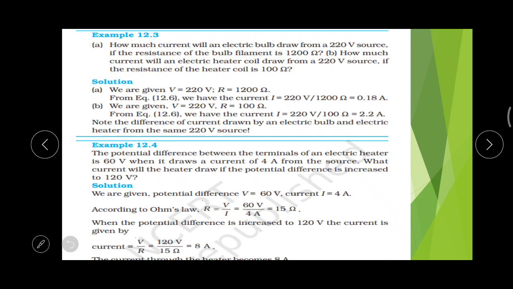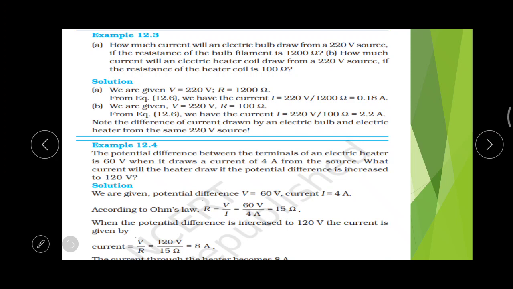If the resistance is varying and the potential is the same, the current value will vary. So for constant voltage, if you vary the resistance, then the current will vary. That's the function of the rheostat in circuits.